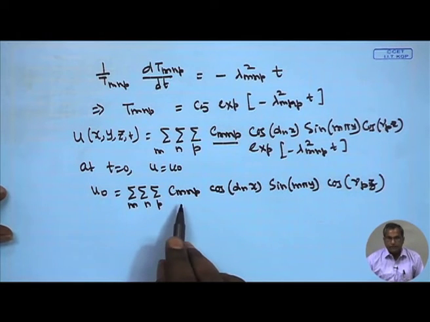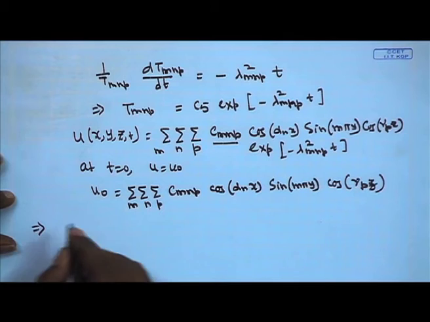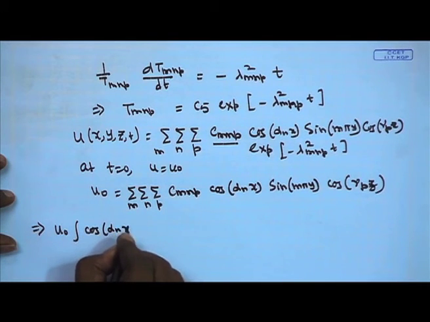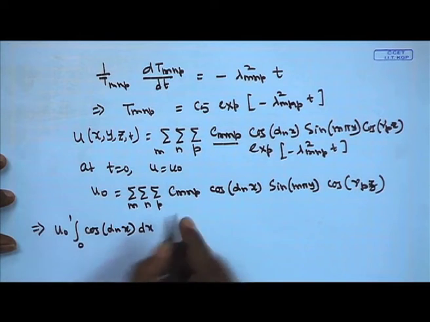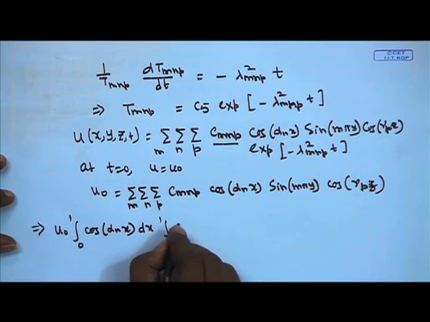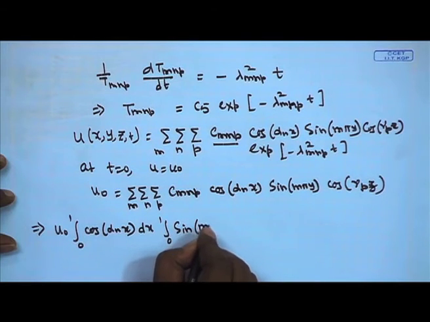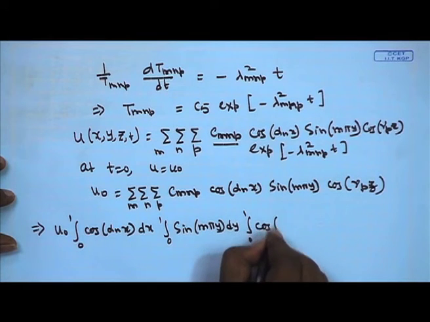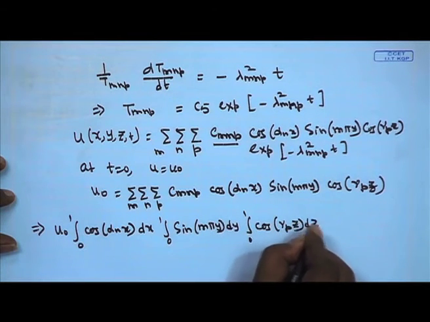This constant C m n p is now evaluated by exploiting the orthogonal property of the eigenfunctions, these sine and cosine functions, and as we have done earlier, we will be getting the solution of C m n p as u naught integral cosine alpha n x dx from 0 to 1 multiplied by the integral from 0 to 1 of sine m pi y dy and cosine gamma p z dz on the left hand side.